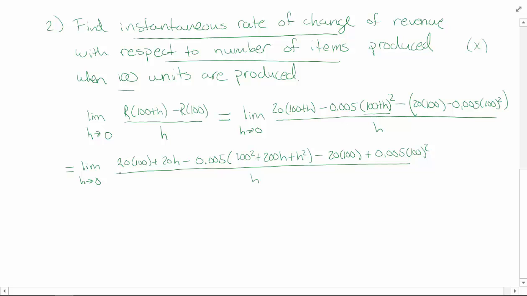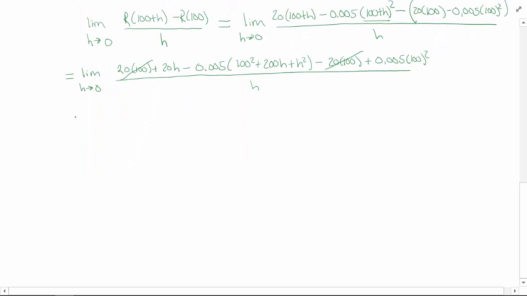So we'll notice that this 20 times 100 and this minus 20 times 100 cancel each other out by adding up to 0. So let's start sending through 0.005 and see what we get.